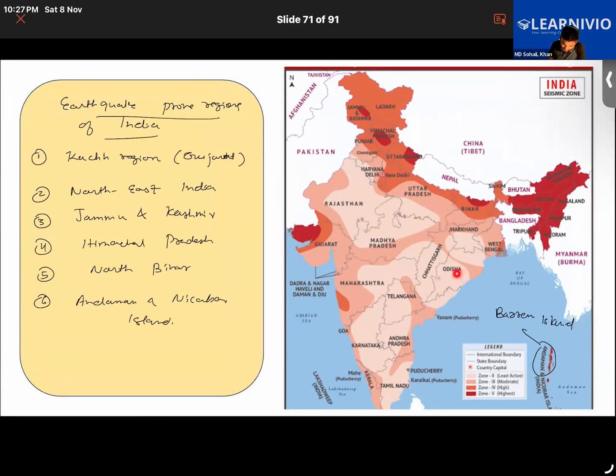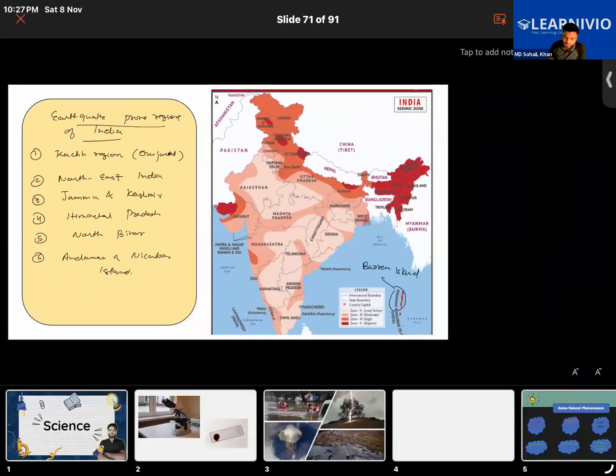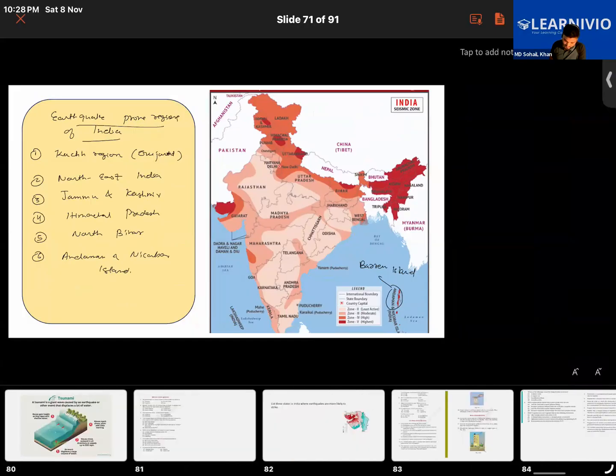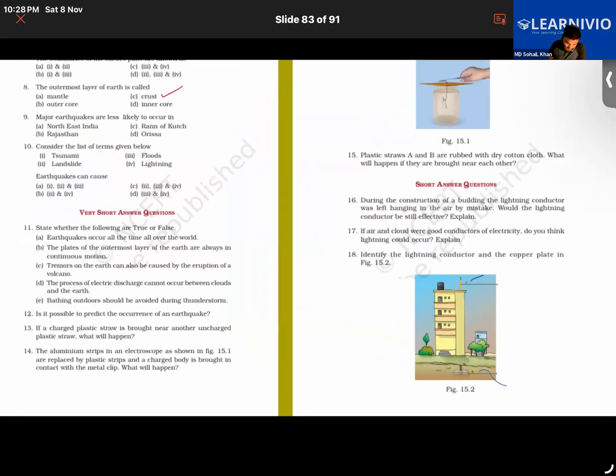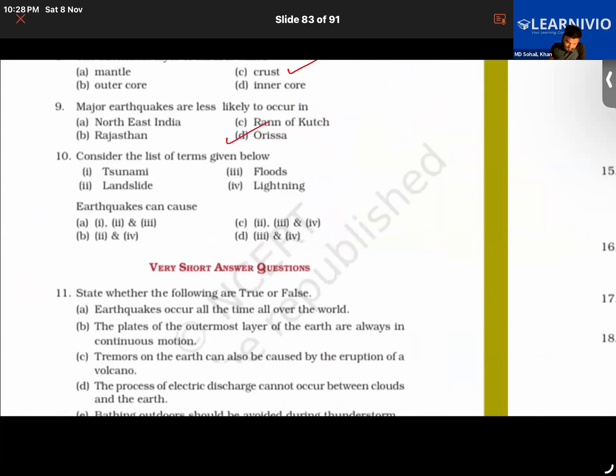So that is where Odisha is, right? This is where Rajasthan is. Some parts of Rajasthan are actually lying in zone 3 and some part is actually lying in zone 4 also. But when you look at the map of Odisha, it is less likely to be hit. So that is going to be Odisha actually.